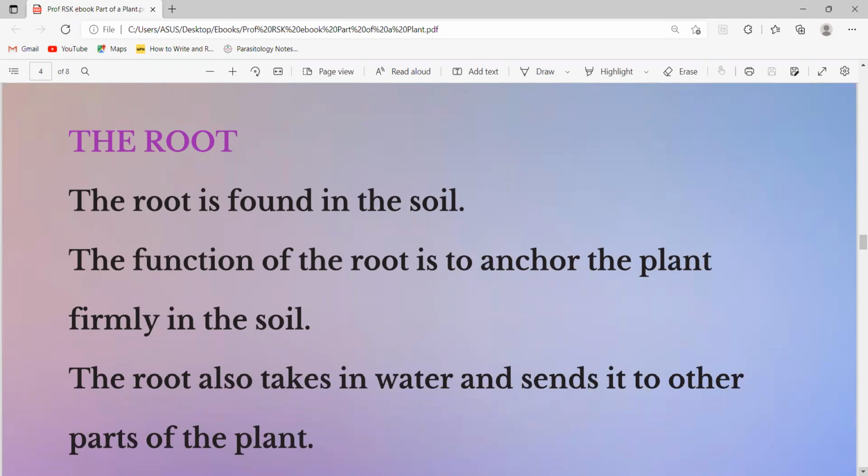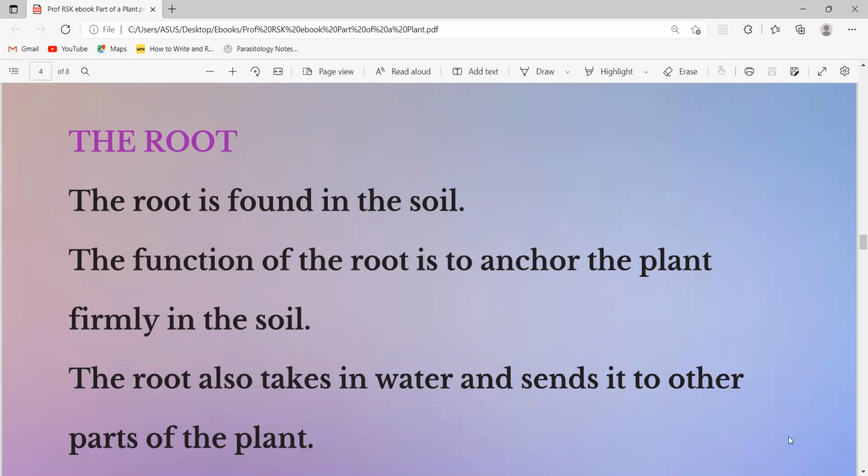The root also helps the plant to get water from the soil, and after it has collected water from the soil, it transports it to the various parts of the plant, moving up from the roots to the stems and then the branches and then the leaves.